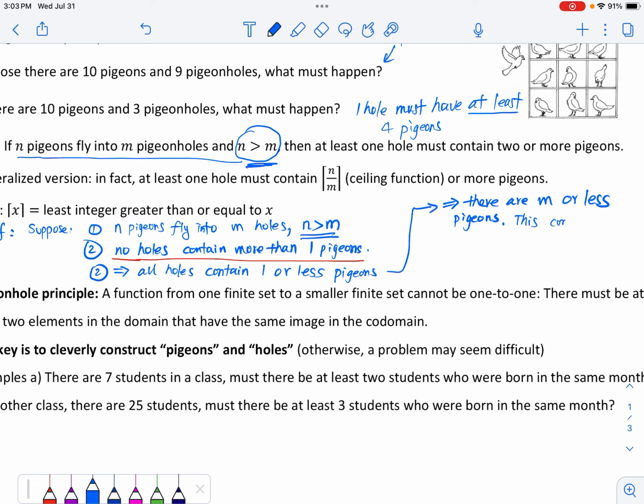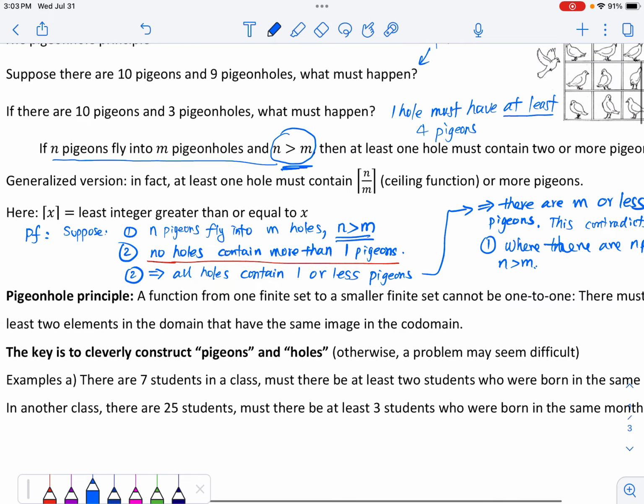This contradicts statement number 1, where there are n pigeons and n is greater than m. So therefore we finish the proof because we reached a contradiction. Therefore, what we supposed is not right, and the original statement is right. So therefore, the pigeonhole principle holds.